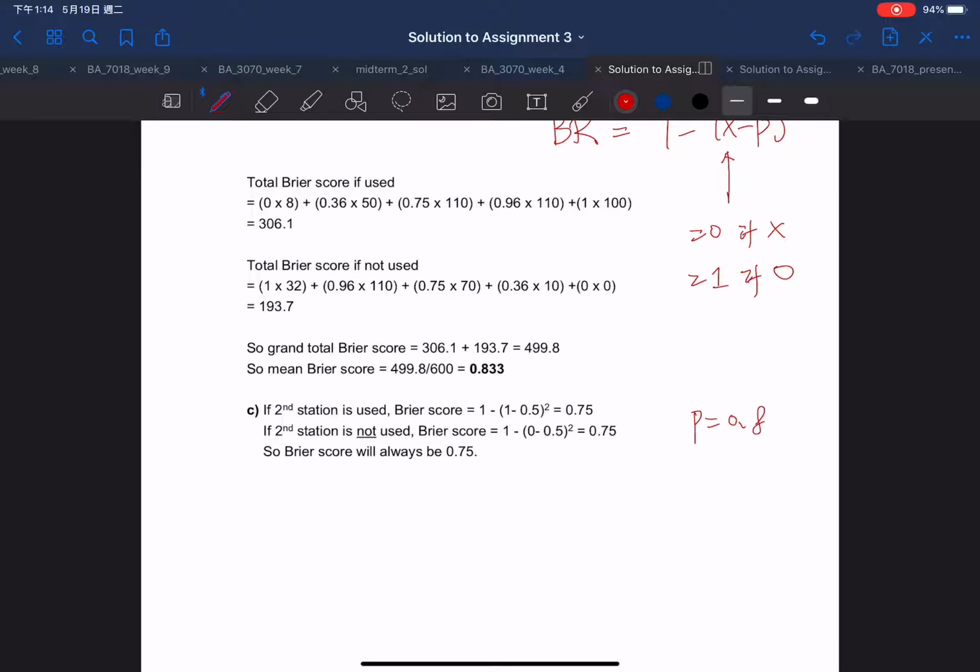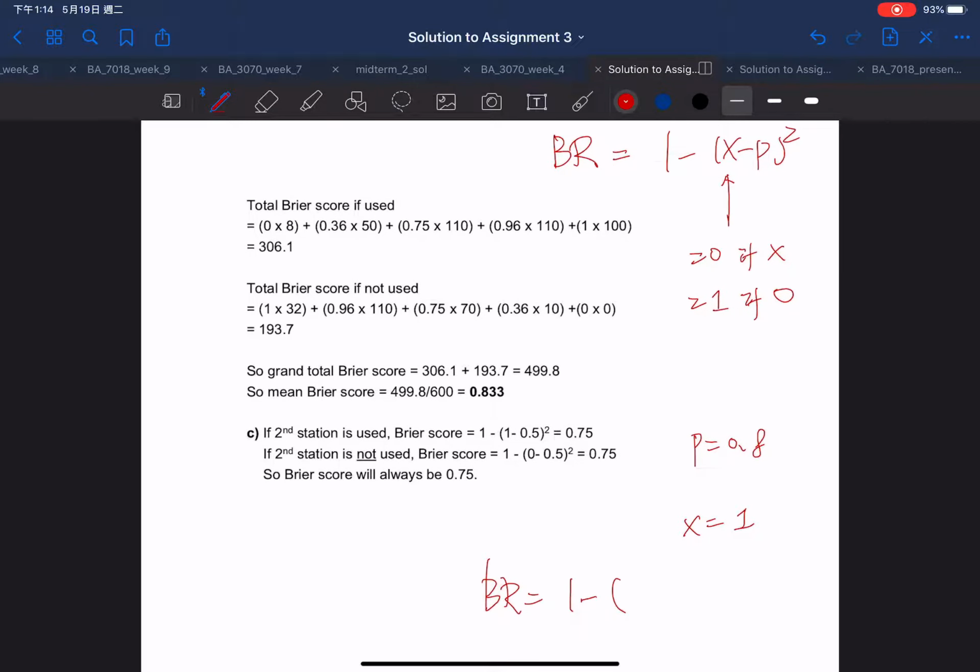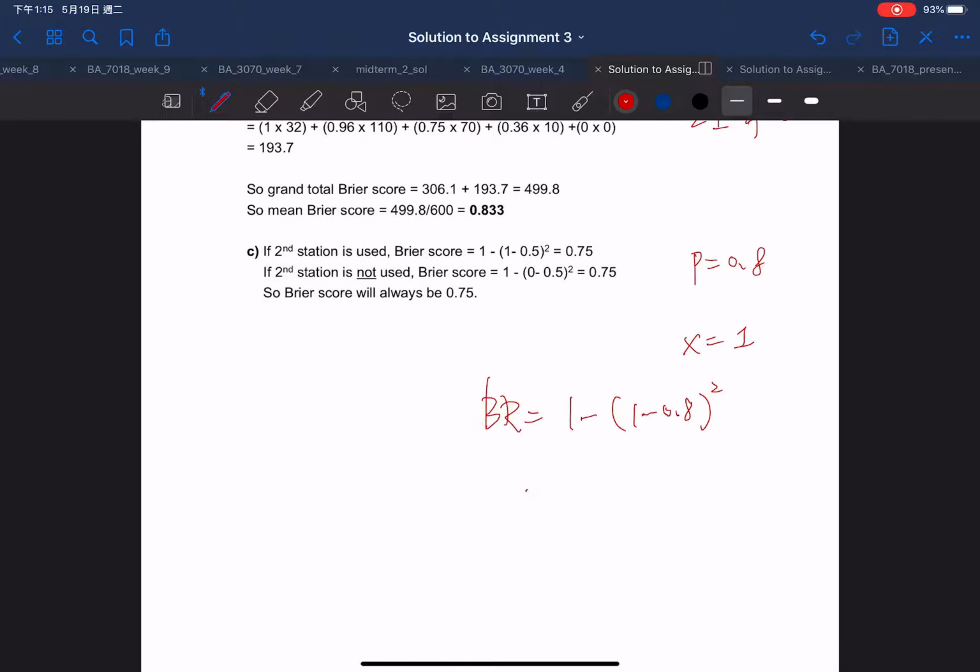And do we have raining today? Yes, right? So x will be equal to 1. So the Brier score will equal 1 minus (0.8) to the power of 2, which is 1 minus 0.04, so it's going to be 0.96.